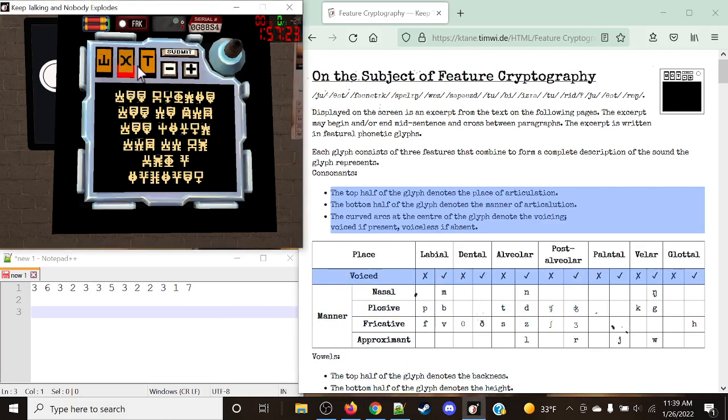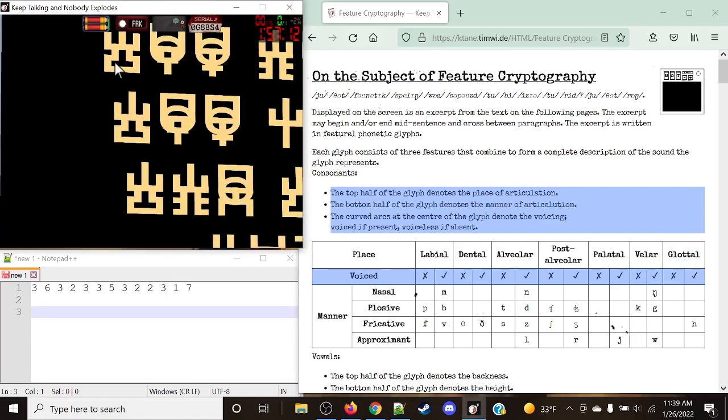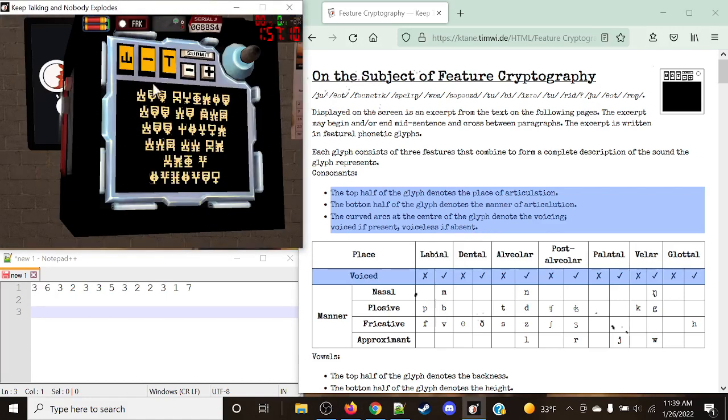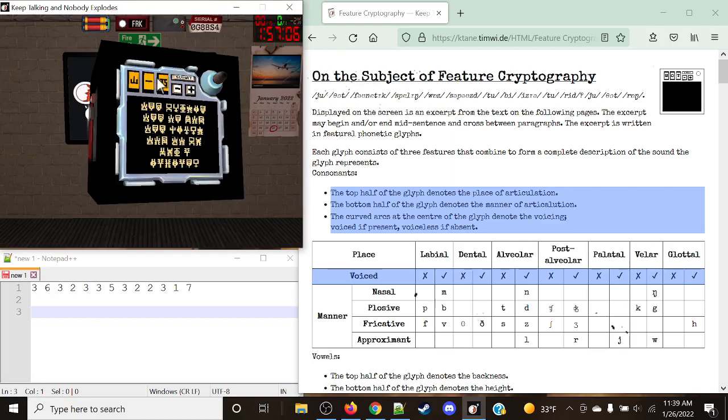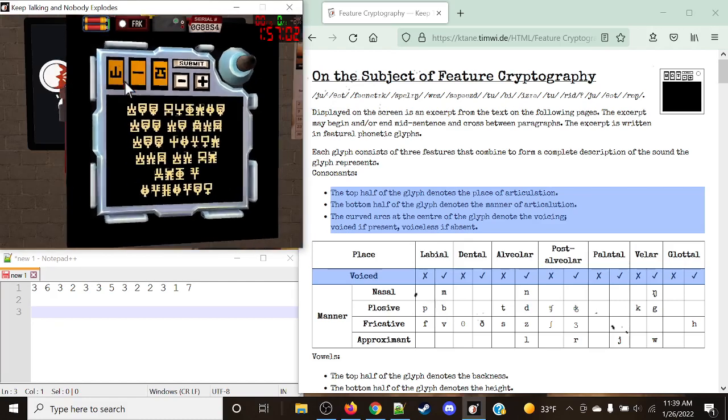So if this guy is present, it's going to be voiced. If this guy is absent, it's not voiced. And then the bottom half would look something like, I guess I would call that one a hat, almost. That is essentially how you're going to build it.